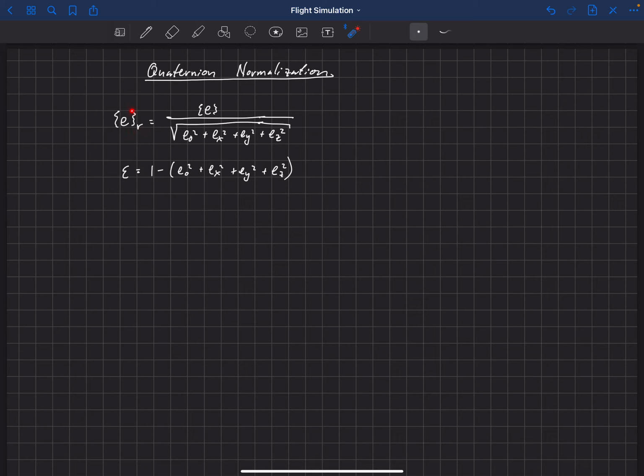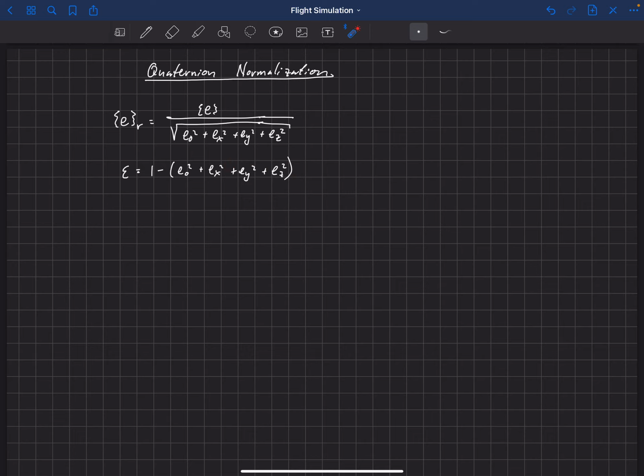This is the equation for a normalized quaternion: it is equal to the current quaternion divided by the length of that quaternion. And the orthogonality error we've defined previously as epsilon equals 1 minus the length of the quaternion.